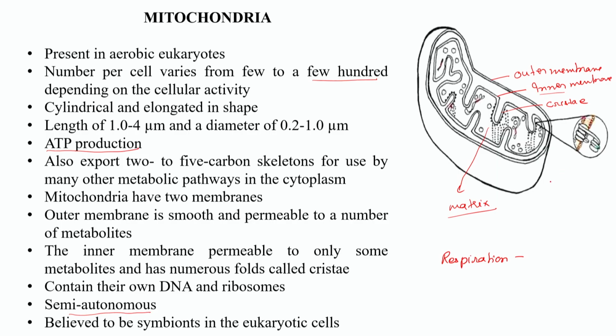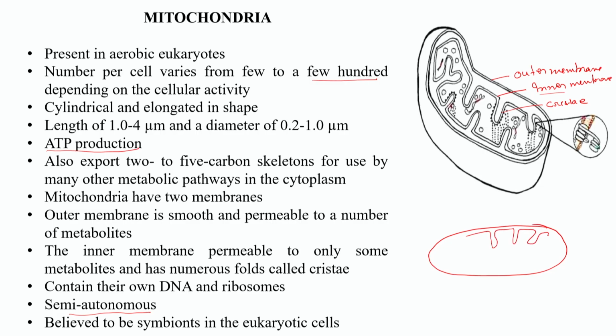Now in mitochondria also, if we try to analyze the structure of this mitochondria and the membranes of the mitochondria, we can understand how the structure is related to its function. Now in this case also, as we have studied in chloroplast, if we observe this mitochondria, the inner membranes have a lot of foldings. If we elaborate these inner membrane, it is also made up of phospholipid bilayer.